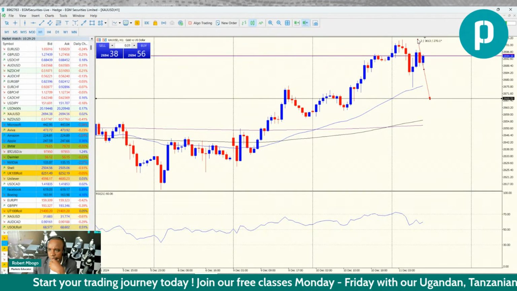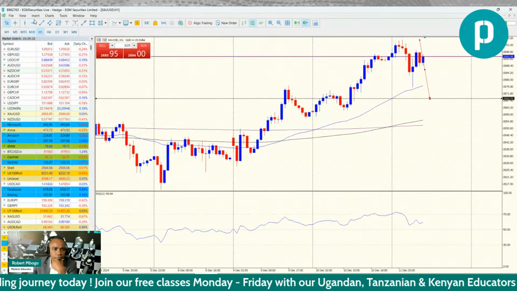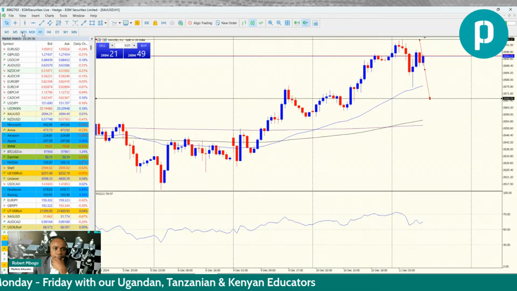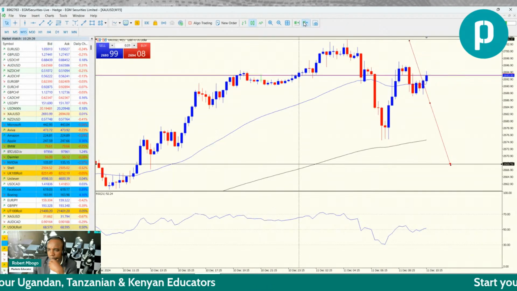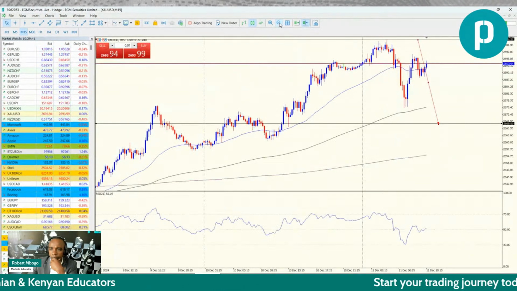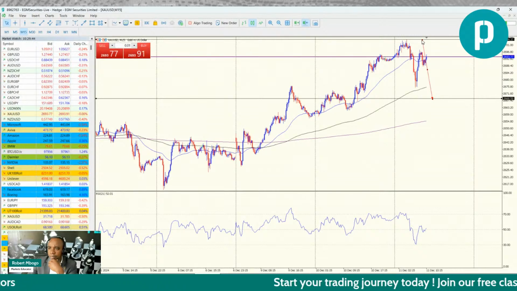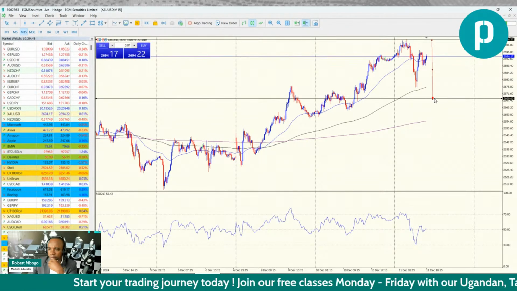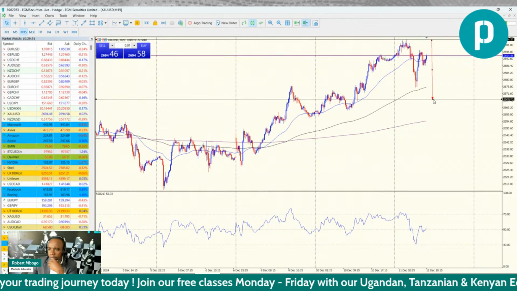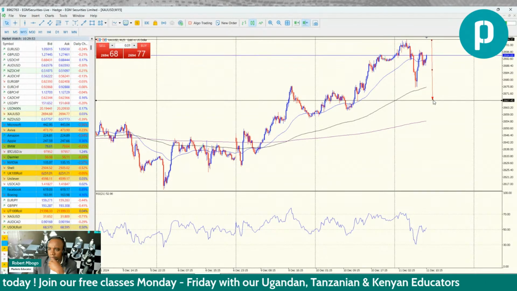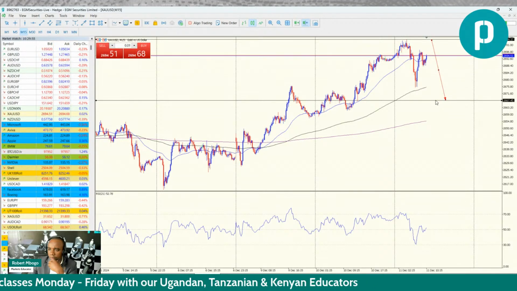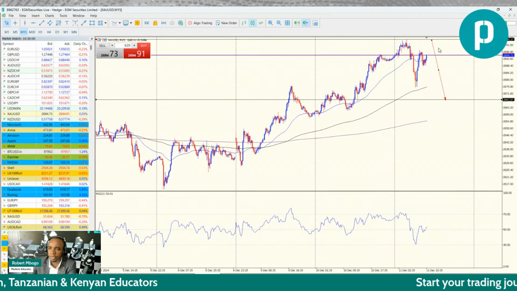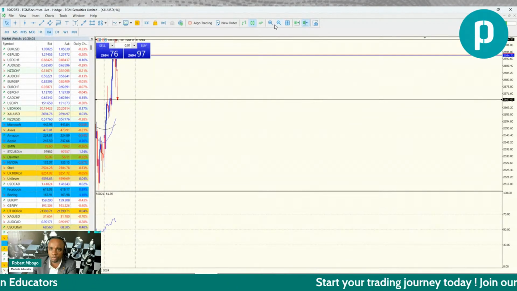So maybe this bullish push will get to that area, then we can see some sellers stepping in. Yeah, so maybe this bullish push, and then maybe gold will come back to test that low.